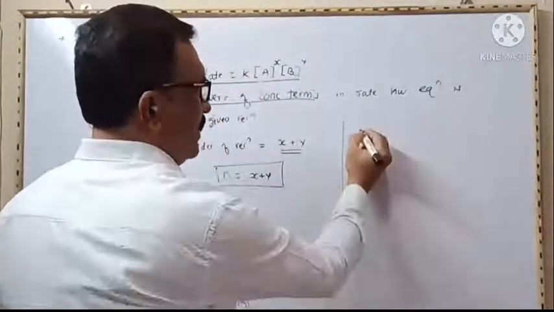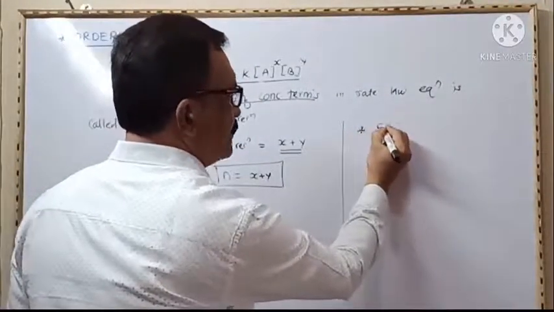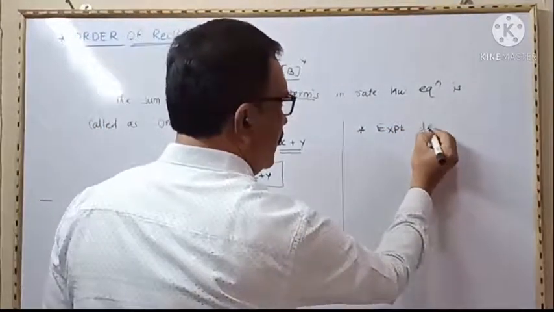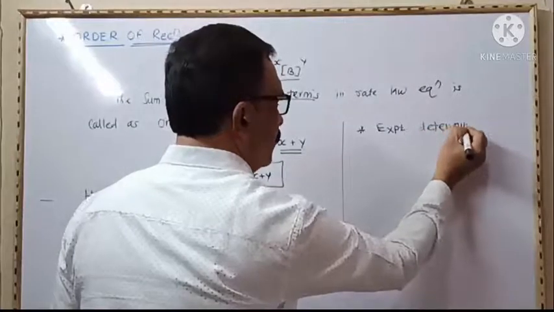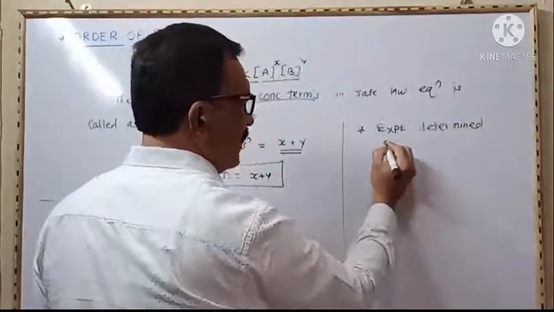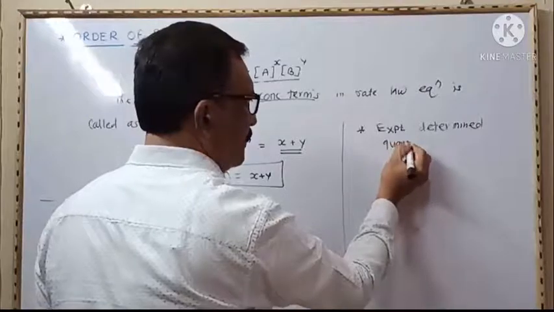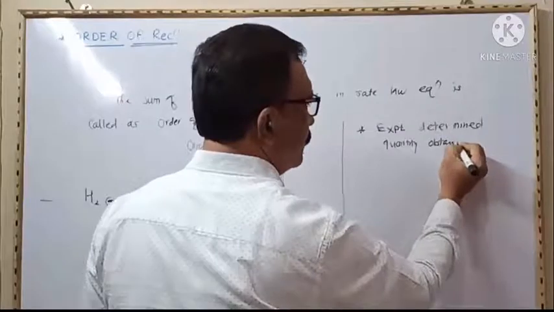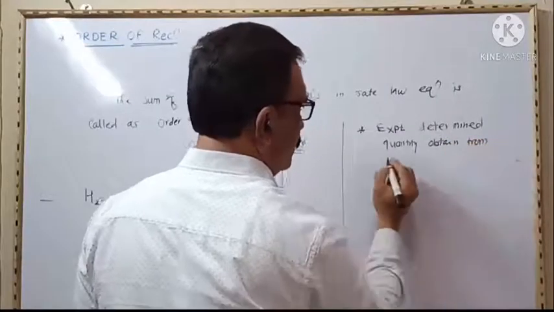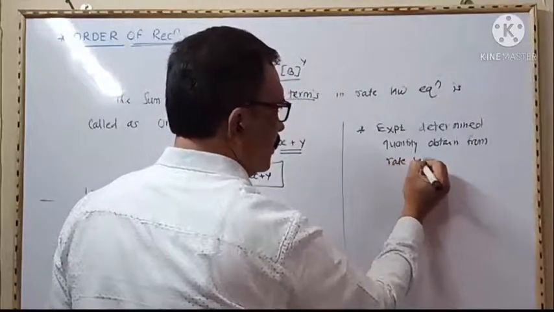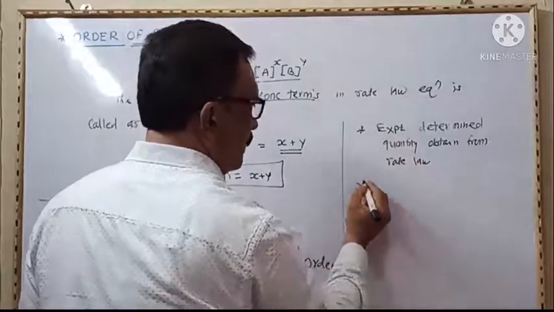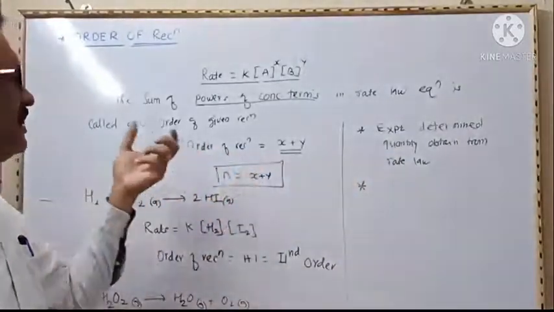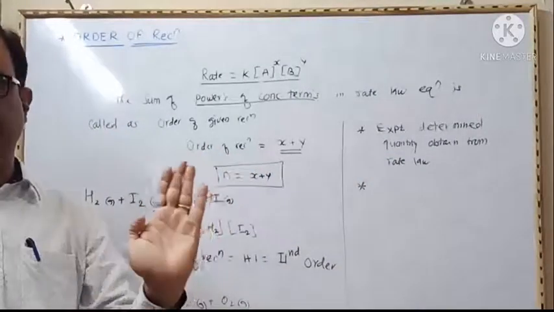The order of reaction is an experimentally determined quantity, obtained from the rate law equation.